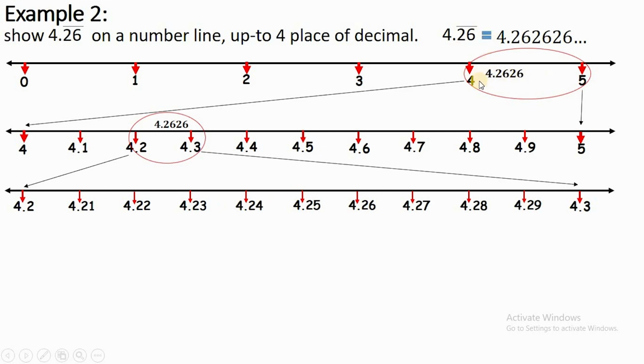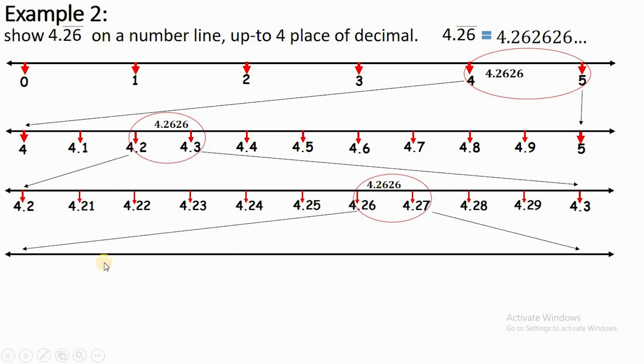So here we'll see 4.262626, isn't it? Now this 4.262626 is greater than 4.26 and it is less than 4.27. So therefore 4.2626, it lies between 4.26 and 4.27. Again here we'll zoom in this portion of the number line. Here you'll write 4.26 and here we'll write 4.27, and again we'll divide this line in 10 equal parts.